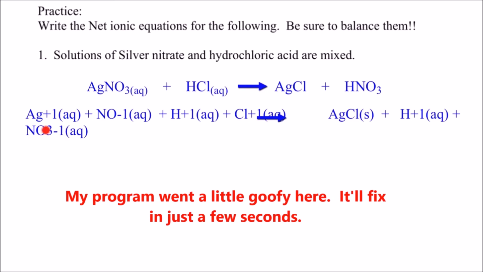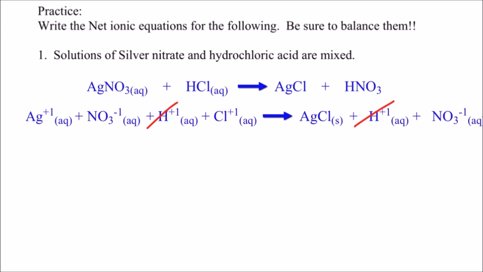Notice that if they were soluble, if they dissociated, then they're aqueous. Okay? If they didn't, then they're solid. Now we need to cross out our spectator ions. So we are going to mark out things that are still present on both sides of the reaction arrow. So it looks like the hydrogen ions are both there and the nitrate ions are both still there.